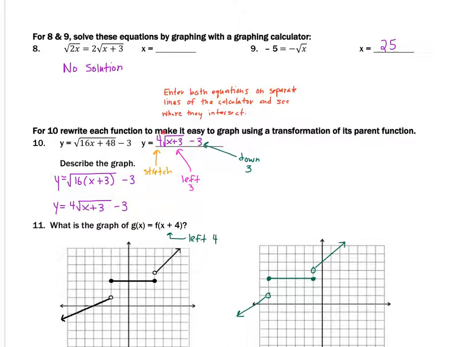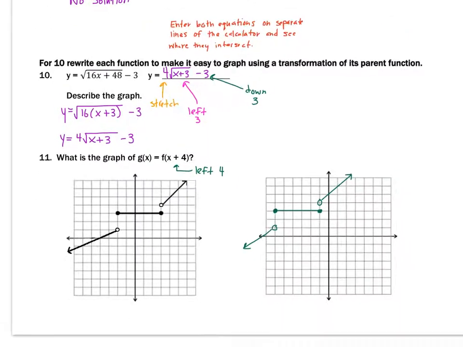Any number greater than 1 in front is going to be a stretch. Only fractions are a compression. X plus 3 under the square root is opposite of what we think. We think right 3 since it's positive, but the opposite of that is left 3. Negative 3 on the outside, that's our up and down. It's minus 3, so that shifts down 3.